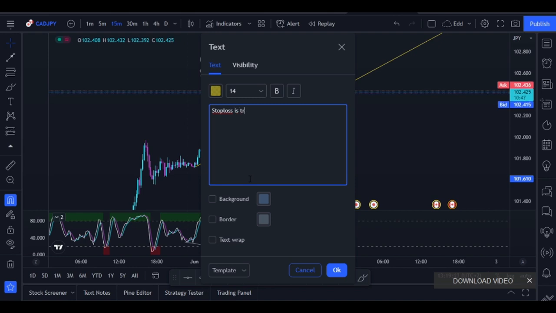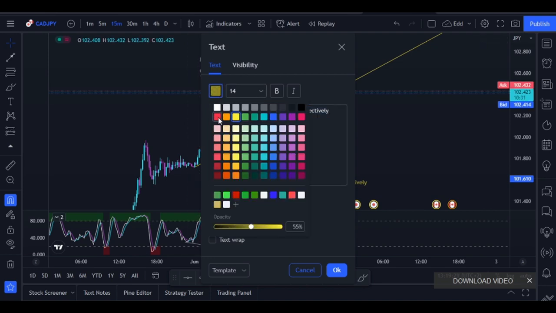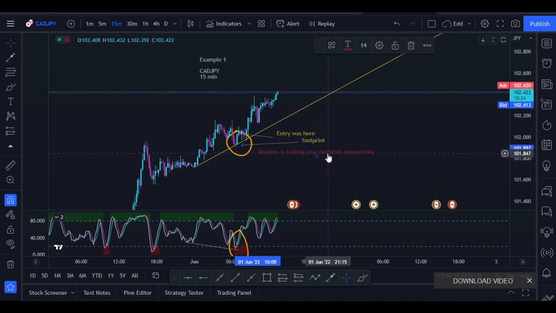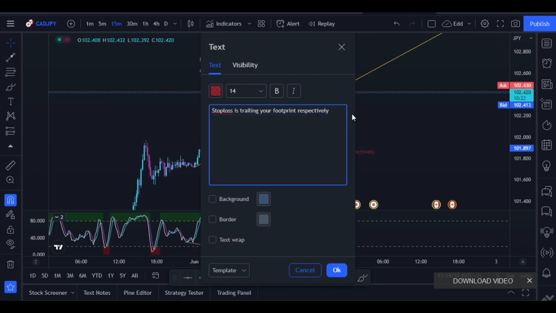Your stop loss will be a trailing stop. You just draw your stop according to the footprint, respectively. Let's make this red so it stands out.